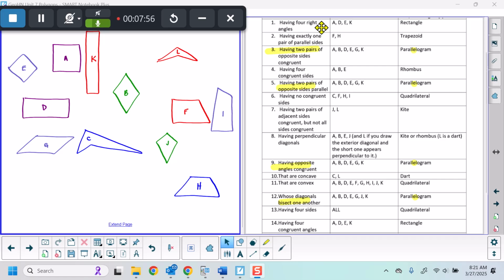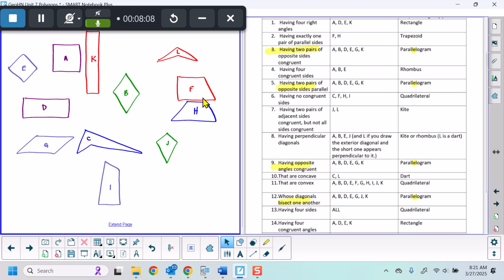So go ahead and look at exactly one set of parallel sides. If I have exactly one set of parallel sides, I'm talking about my trapezoids. Go ahead, Molly, what's up? The number 1 can also be like square. We're not going to say square because you want to find the most specific shape that has that all the time.